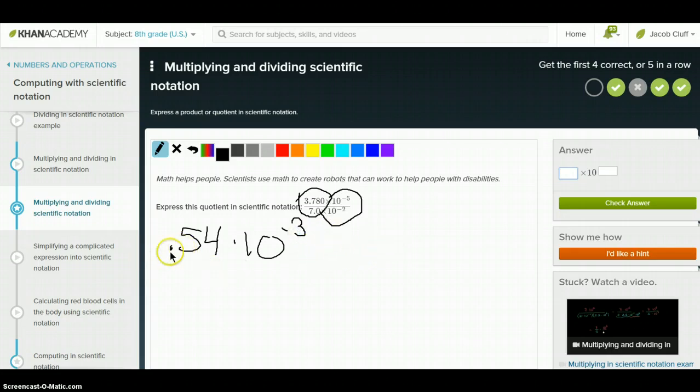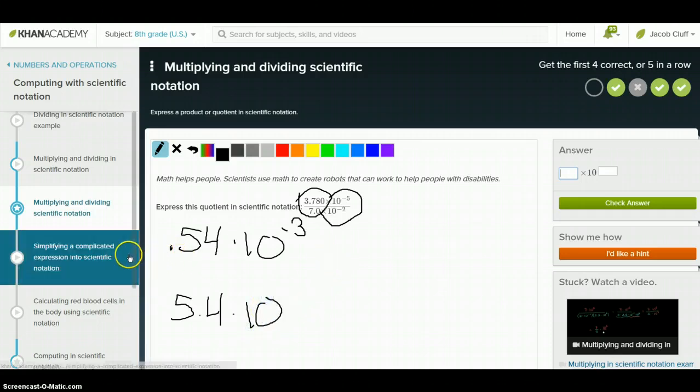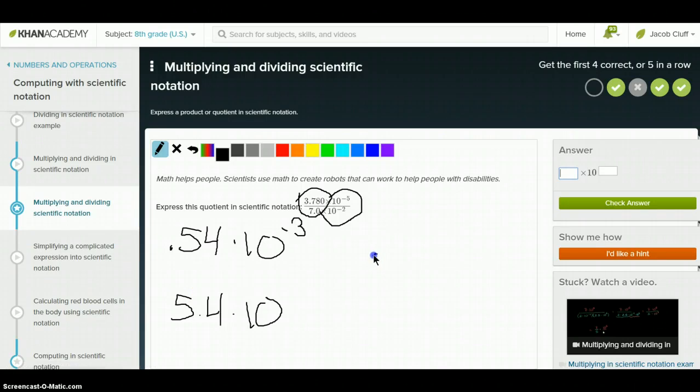Okay, so we're going to convert this back into real scientific notation. Alright, and so if this decimal place has moved over 3 times, so 1, 2, 3. Alright, so that's what this answer equals.